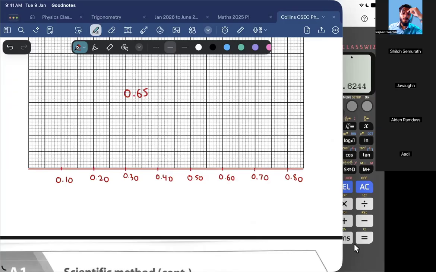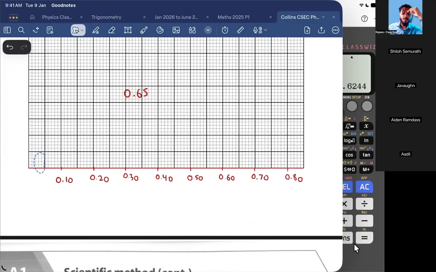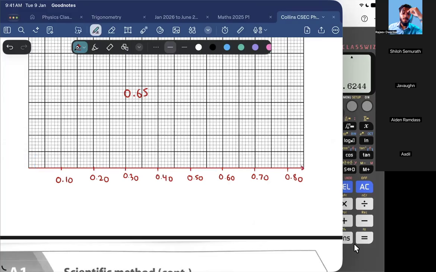So far, would any of you have any trouble figuring out what's going on with the x-axis scale? Do you have any problems here? No, sir. What else do we need to do over here, Adil?